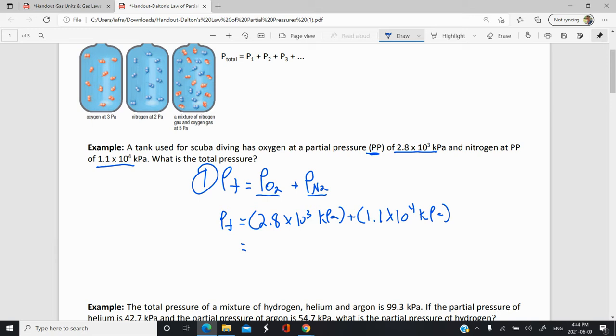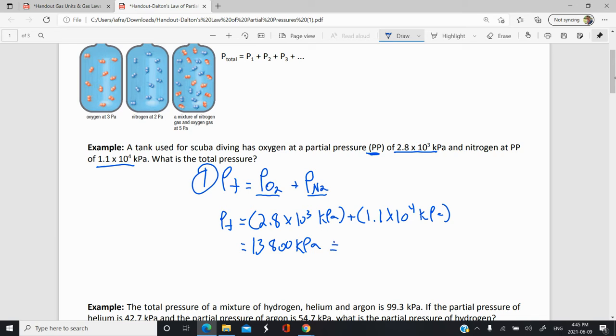So 2.8 times 10 to the power of 3 plus 1.1 times 10 to the power of 4 gives you 13,800. It's kPa, so units are consistent there. But we have to maintain the same number of sig figs, so we want 2 sig figs max.